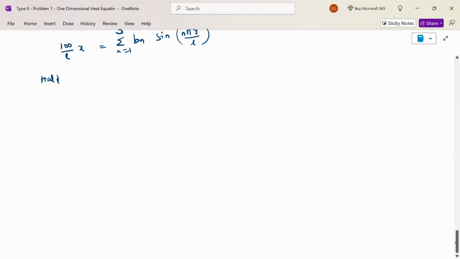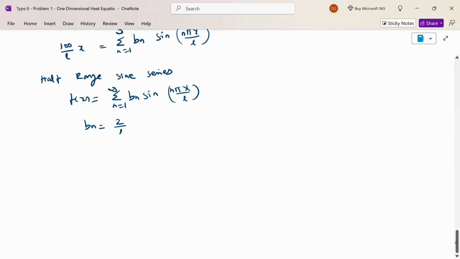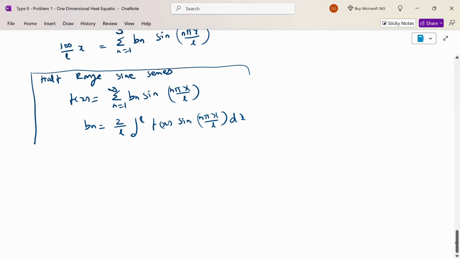What is a half range sine series? f of x equal to sum n from 1 to infinity bn sin n pi x by L. Now how do we calculate bn? bn equals 2 by L, integral 0 to L, f of x sin n pi x by L dx. This is the half range sine series form.